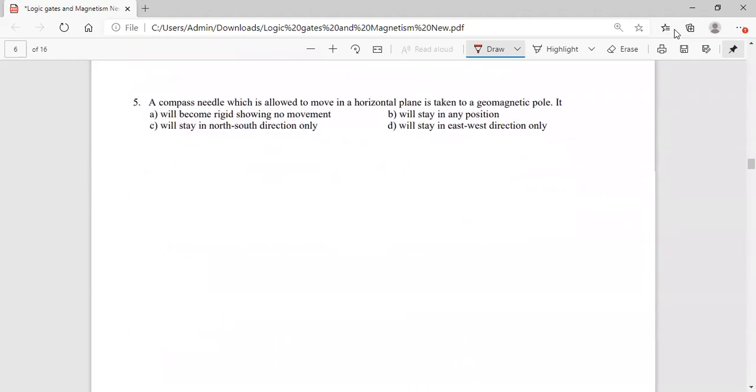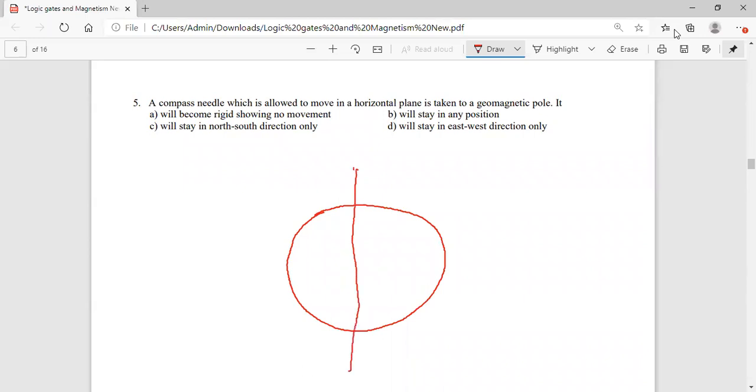Next one. The compass needle, which is allowed to move in a horizontal plane, is taken to a geomagnetic pole. If we take, this is the Earth. This is the true geographic north. And this is the magnetic north pole. And this is the magnetic south pole.